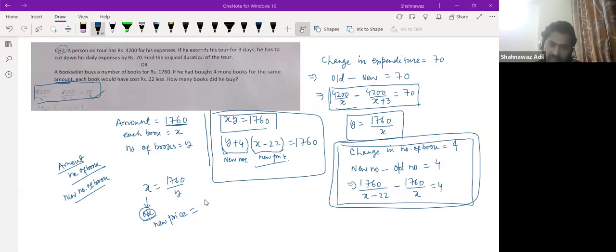So if I write this, is it clear? The new number of books is 4 more, right? This is the old number of books, and then we are increasing by 4. So this is old price, and this is new price. Which one is greater?